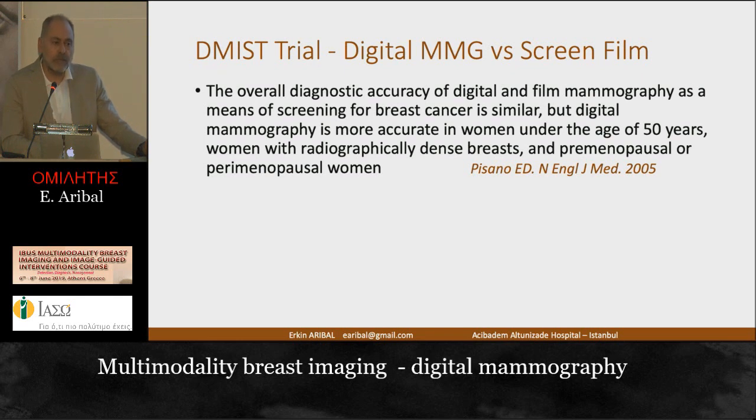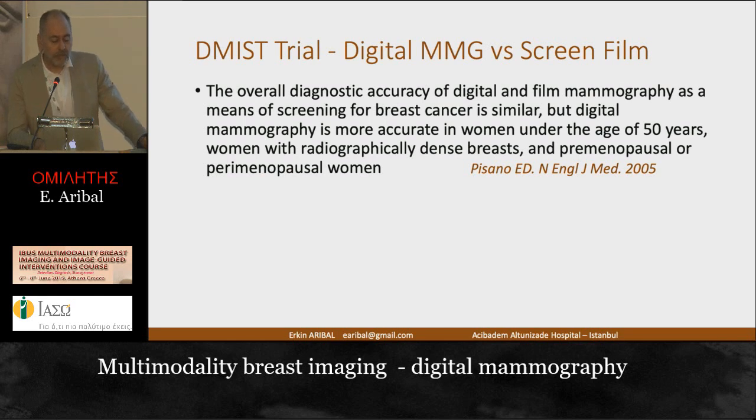One, digital mammography didn't have as good resolution as screen film mammography, but even with that resolution, it had the same result. But in patients who were younger than 50 years, it had a better result than screen film mammography.